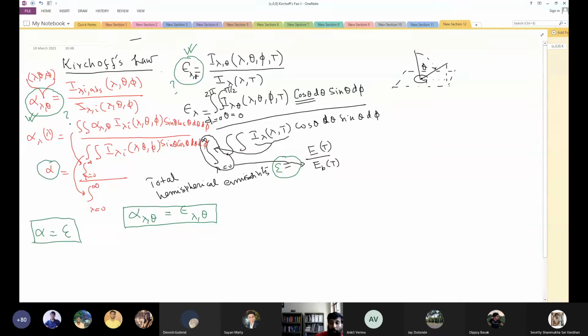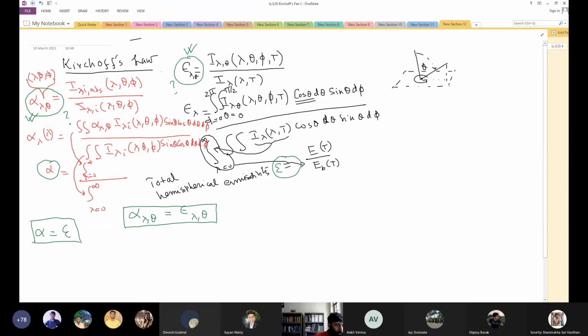But for certain conditions, you can do that. And it simplifies life a lot. If that is not true, you have a lot of additional calculations. So for this undergraduate course, we'll assume that alpha equals epsilon is valid, and this alpha equals epsilon is Kirchhoff's law.